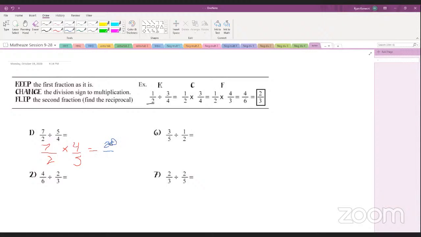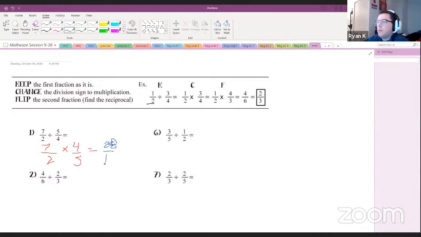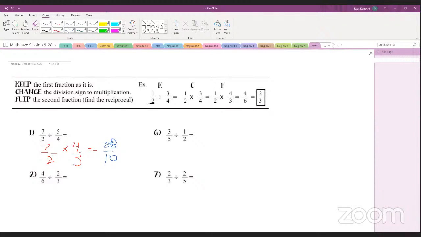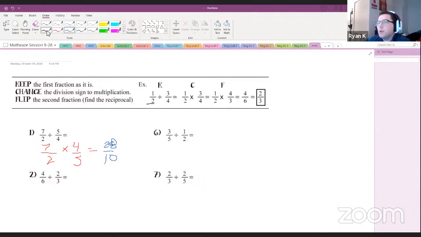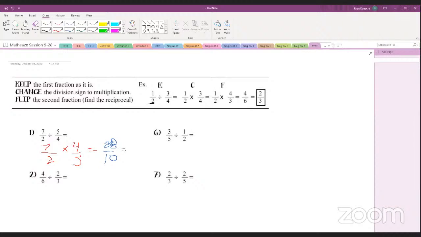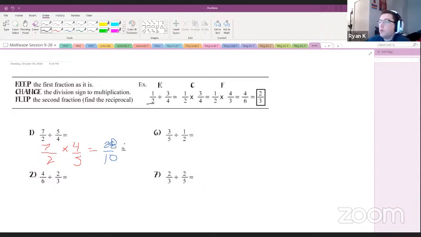28 over 10. Should we leave it like this, or should we reduce it down a little bit? Reduce it down. Okay, so how would we reduce that down? Do they share something in common? 2 and 4/5. Oh, so you really reduced it down.